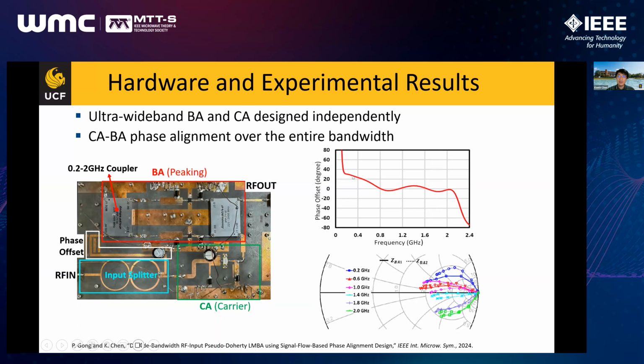We can see that the phase offset between the BNCA can be set very close to 0 degrees along the entire frequency range from 0.2 to 2 gigahertz. With this alignment being enforced, the load modulation behavior can be maintained very close to the real axis across this entire frequency range.